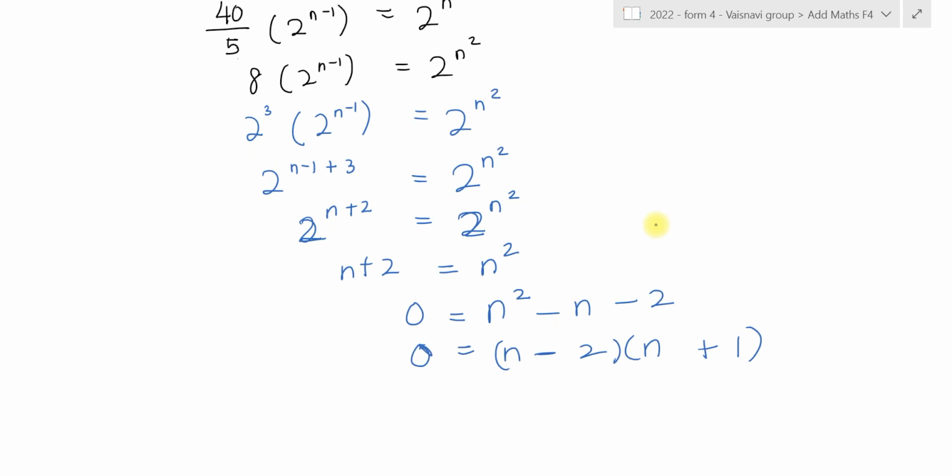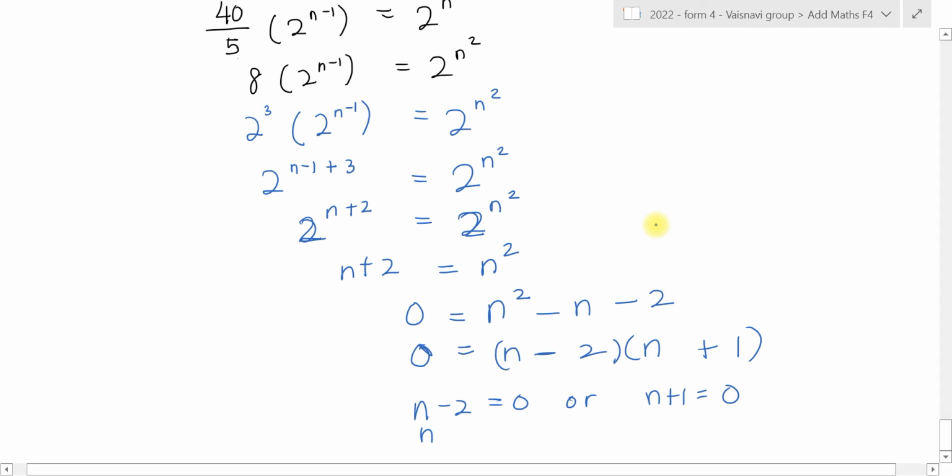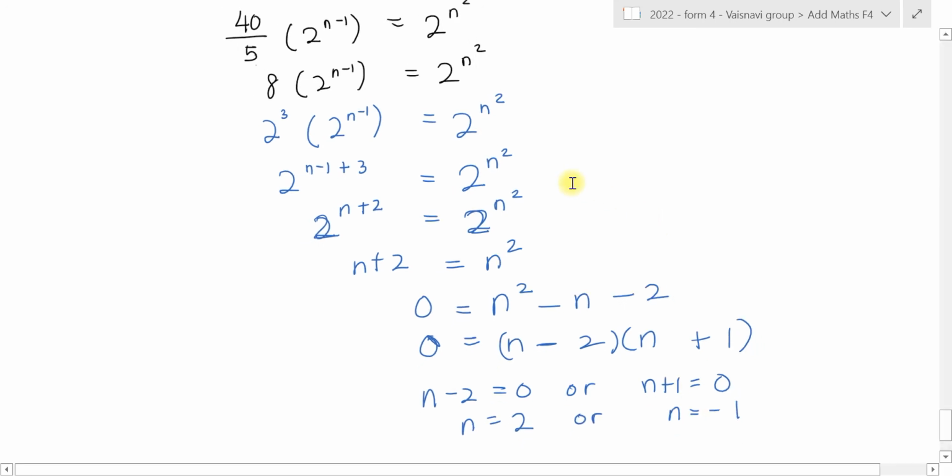So n minus 2 equal to 0, or n plus 1 equal to 0. N minus 2 equal to 0, n equal to 2, or n equal to negative 1.